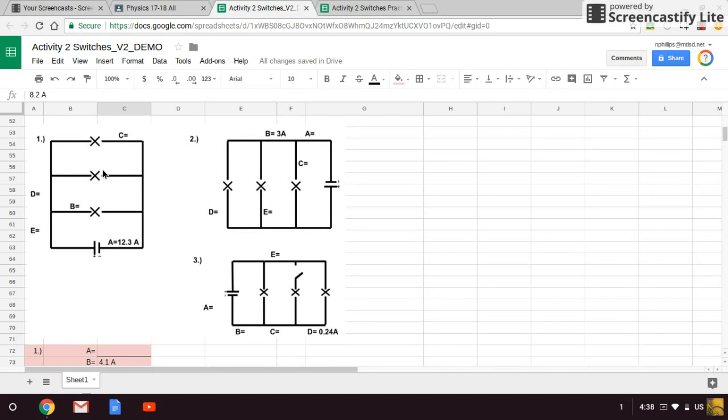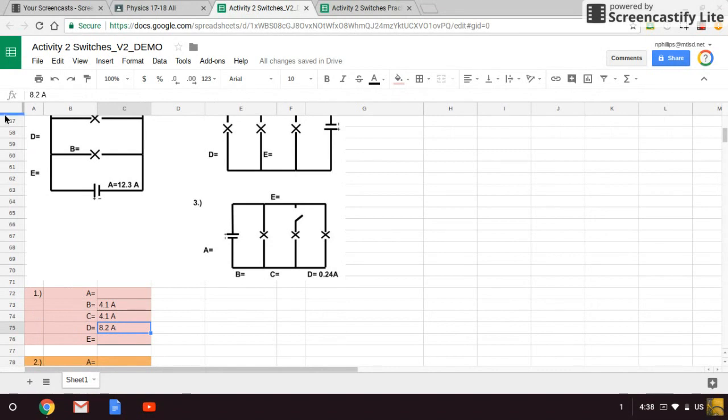Then they start adding back up when you come around. 4.1 comes around, joins up with 4.1 from the second bulb. 4.1 plus 4.1 makes 8.2, and that's what I have for D already. 8.2 is coming down, and then another 4.1 joins up with that, making 8.2 plus 4.1, your total again. So E is 12.3 amps.